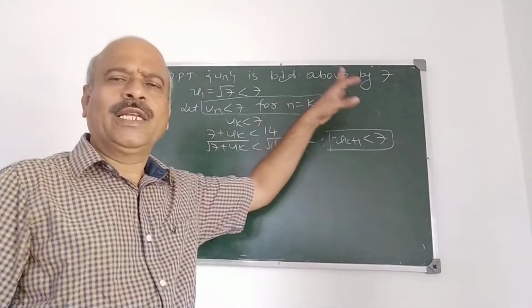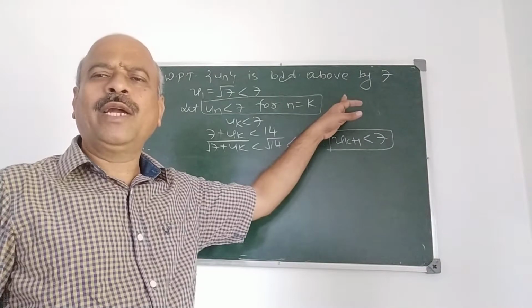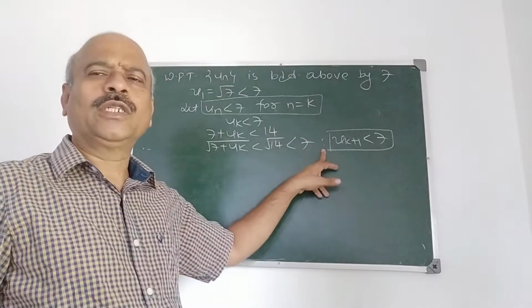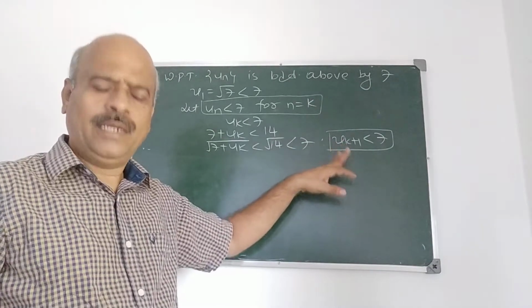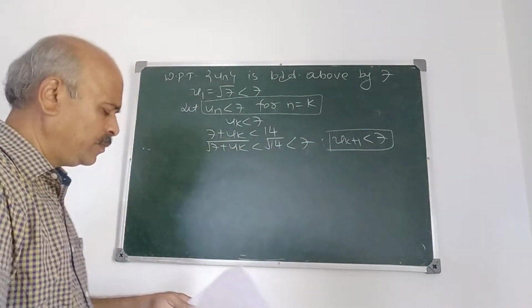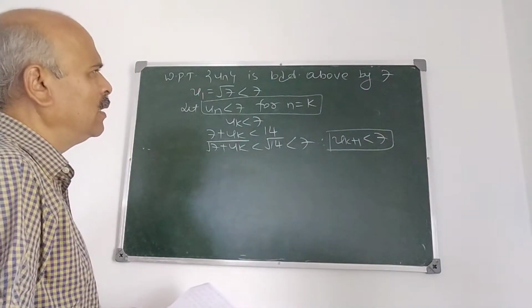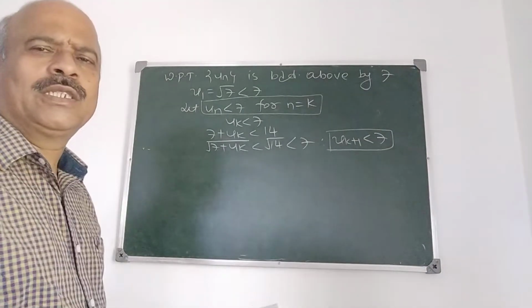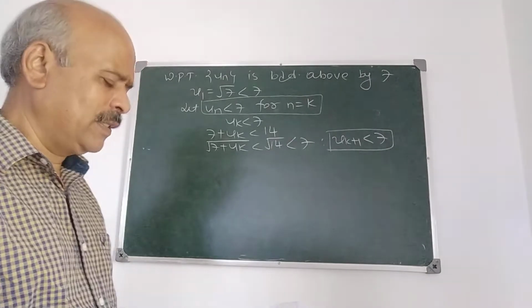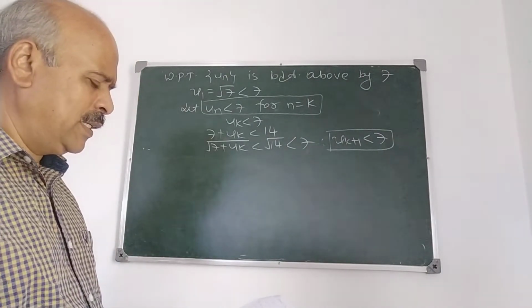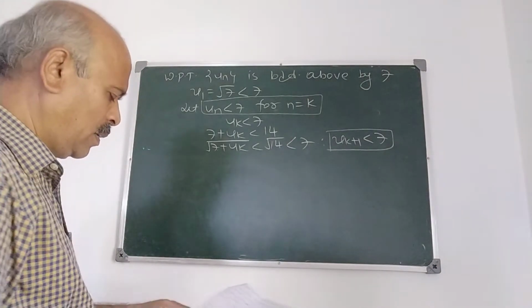The sequence is monotonically increasing, which we proved by induction, and also the sequence is bounded above by 7, that also by induction. Now, we have to prove that the limit of the sequence is given by the positive root of x square minus x minus 7 is 0. For that, how to prove this?